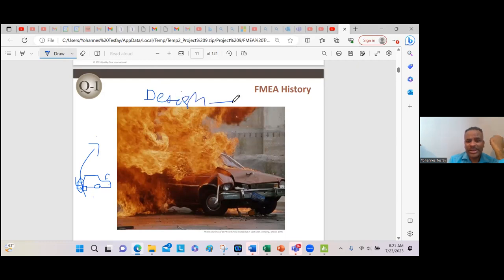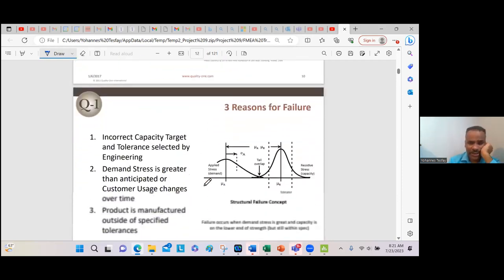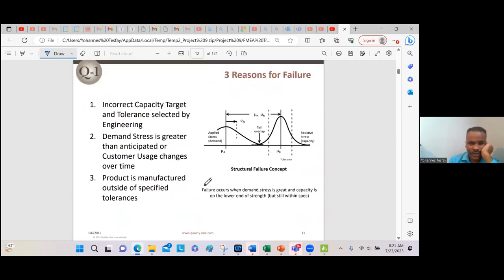So it's a design that causes everything, so these things should be somewhere in between, not on the front or back. That is how they prevent it. Now, this is just about why it fails. Incorrect capacity target tolerance selected by the engineering, that's the design.